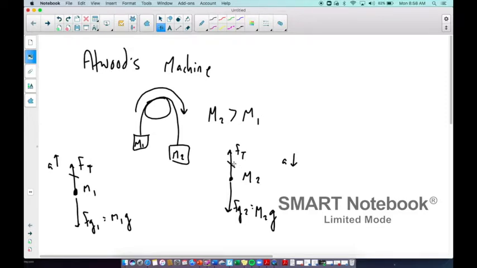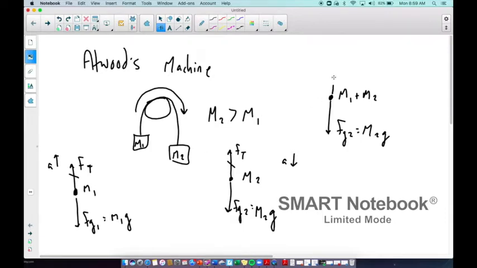Another way that we analyzed this, let me remind you, is that we collapse this thing down into one system that we called mass 1 and mass 2. And we viewed it like this. We just wanted to view the external forces, the forces external to the system. That allowed us to ignore the internal tension force that is just between the two particles. And we said, okay, well, there is an accelerating force downward trying to get the system to accelerate. That's the force of gravity on mass 2.